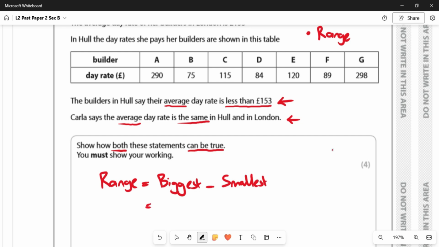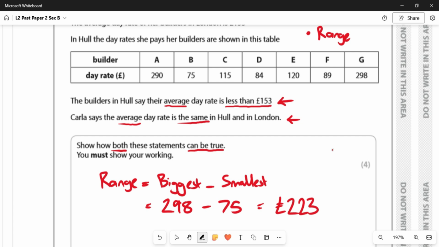So from the table, 298 take away, which one's the smallest one? 75. Let's work that on the calculator. 298 take away 75. We get, in pounds, £223.